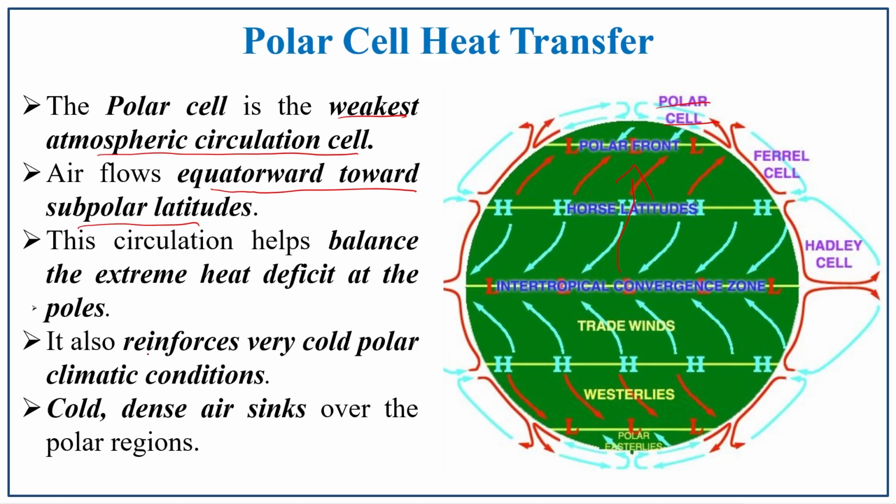It also reinforces a very cold polar climatic condition. The very cold climatic condition is because of this transfer of air masses. The cold and dense air sinks over the polar region. We know cold air is heavy, and because of the heaviness it sinks.